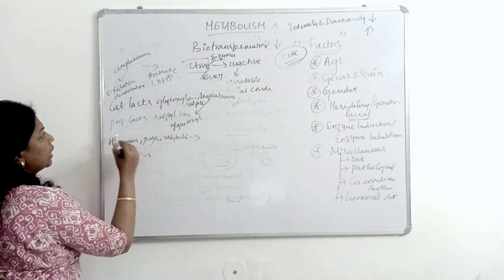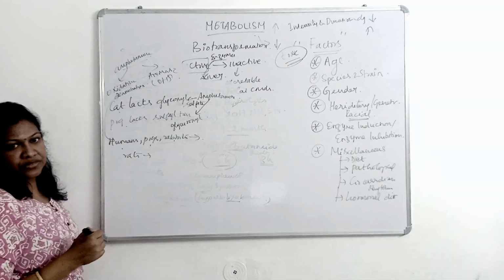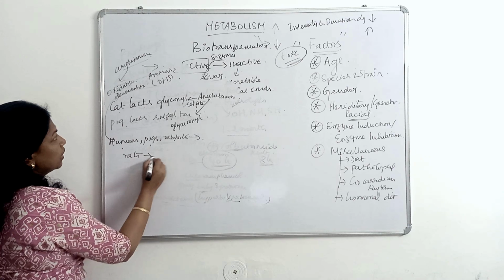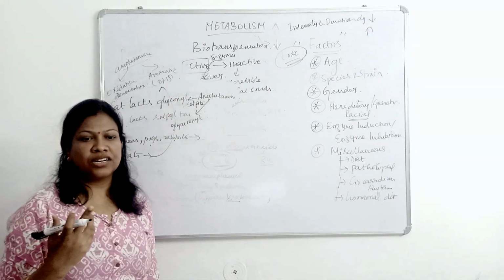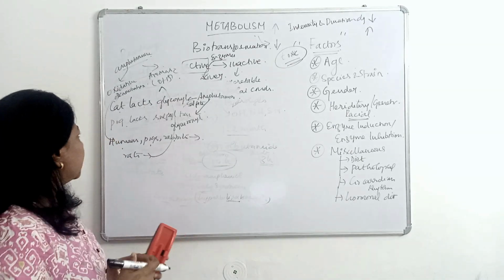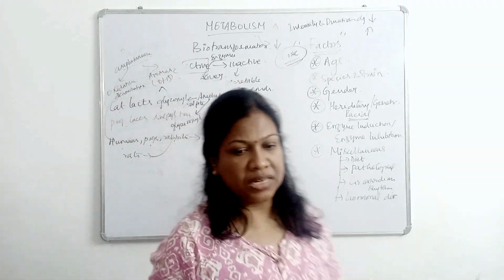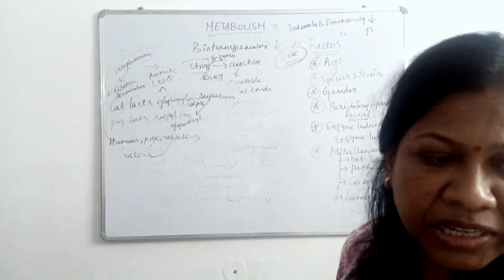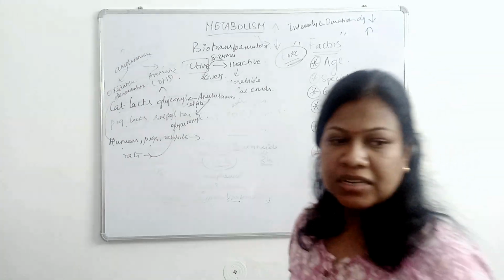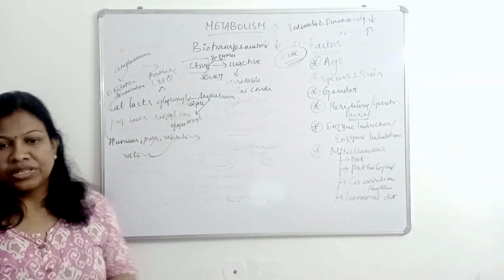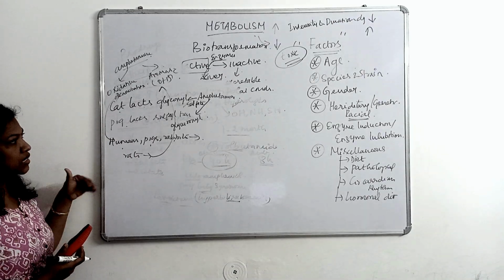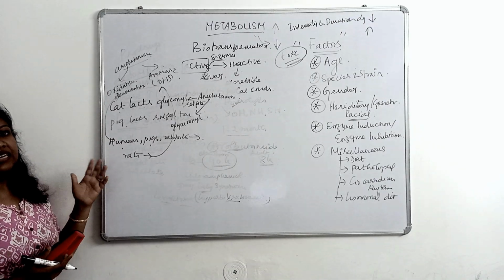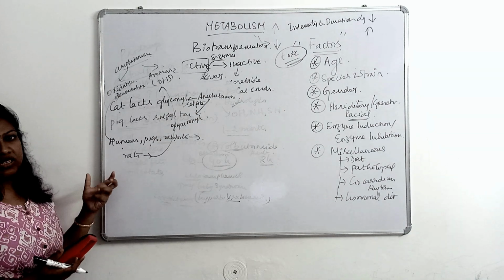Humans, pigs and rabbits undergo oxidative deamination, whereas the rat, another species, undergoes aromatic hydroxylation. So when the species are different, the metabolism also differs.